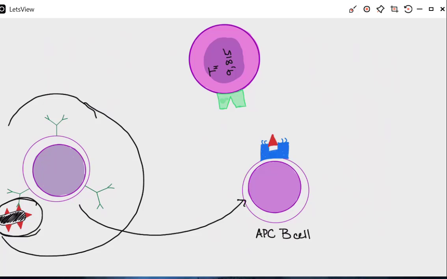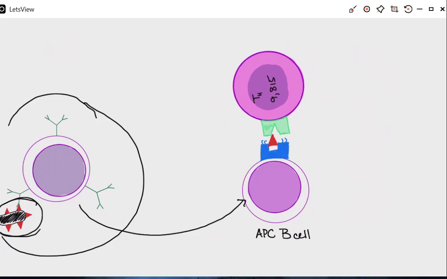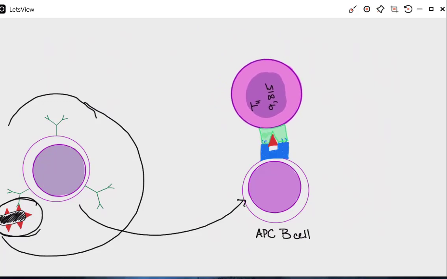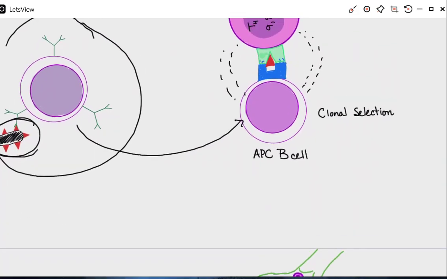And once that happens, then this helper T cell can go ahead and bind. And once that helper T cell binds, it secretes cytokines. The cytokines activate that B cell, and now this B cell is going to go through clonal selection. So only APC B cells can be activated for clonal selection. Naive B cells cannot be activated.